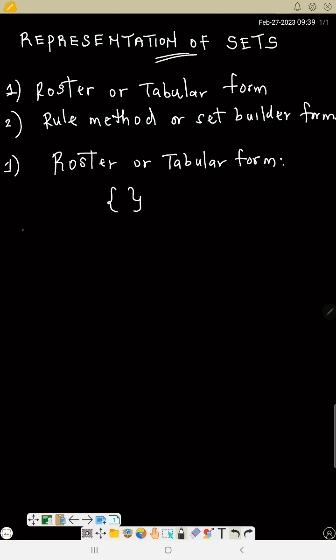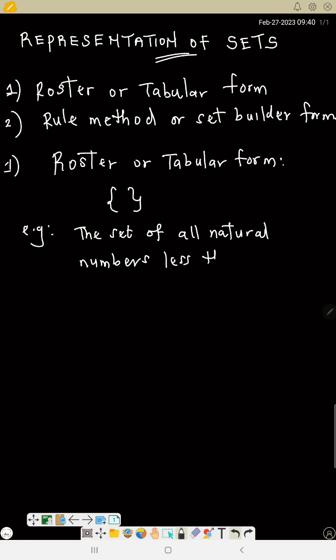So for example, the set of all natural numbers less than 7.